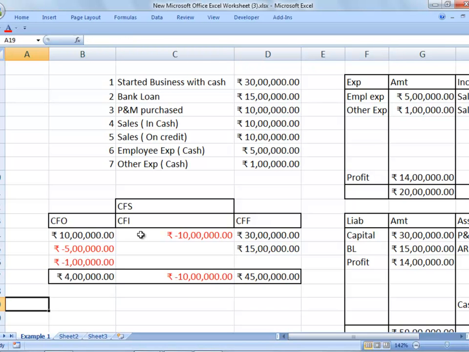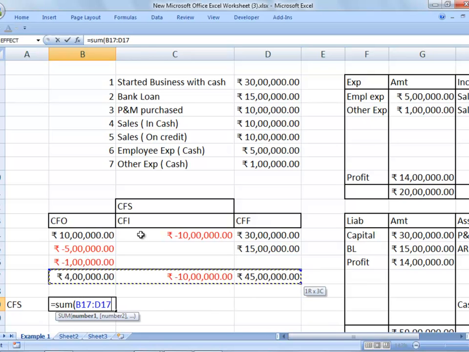And then I will take the total of these: this amount plus this amount plus this amount, and the total would come out to be 39 lakhs, which was exactly the amount of cash that I had in my balance sheet.